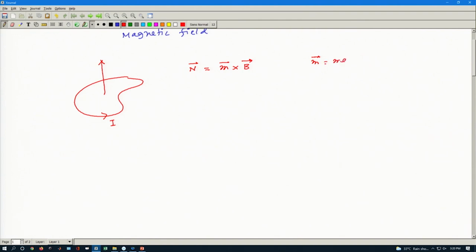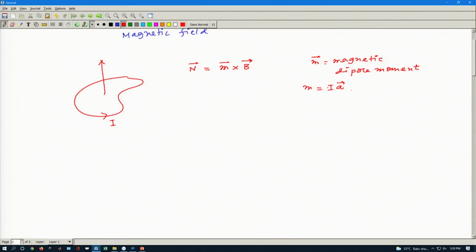The magnetic dipole moment is normally defined as current times area. Okay, so that is the structure we had last day.